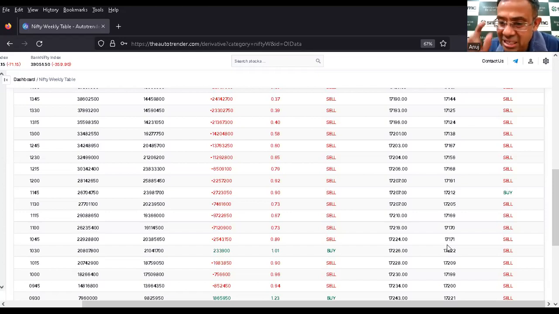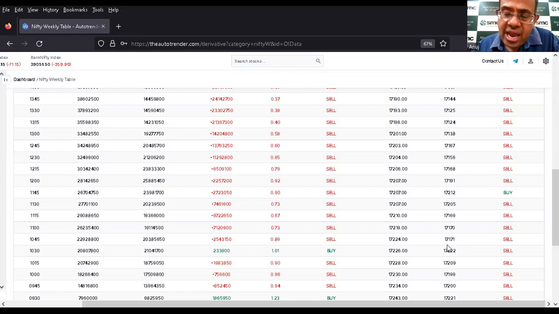So VWAP is a stable average, and you have to give a flexibility to VWAP. So many a times what happens is price tends to come closer to VWAP and then again goes in that direction which it has already been continuing. So taking a stop loss of just VWAP is not advisable.